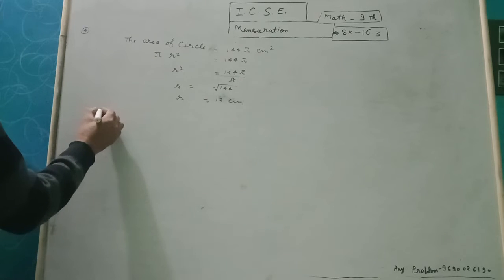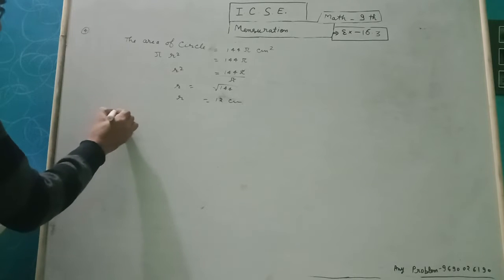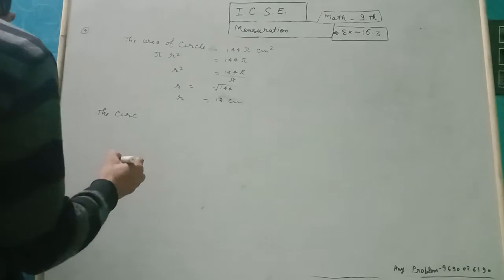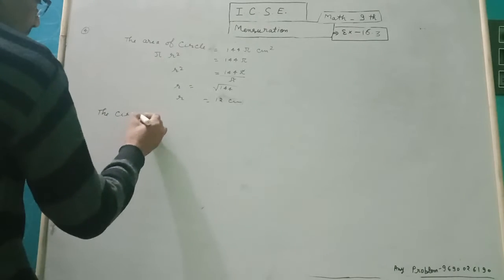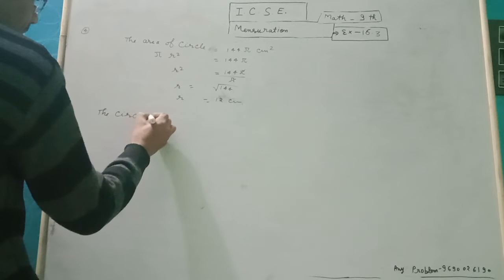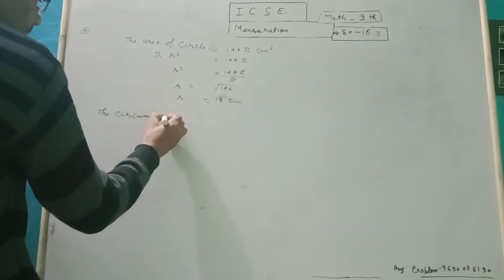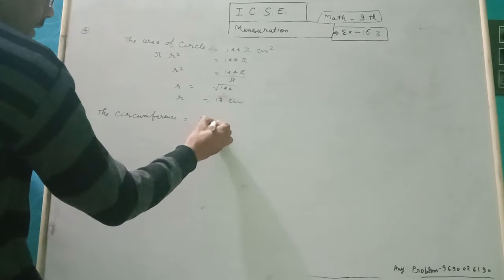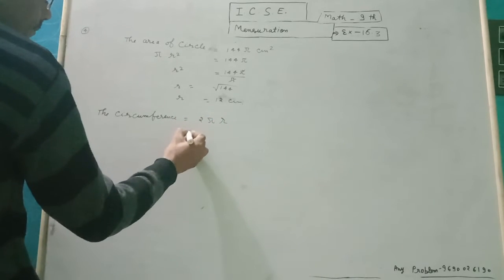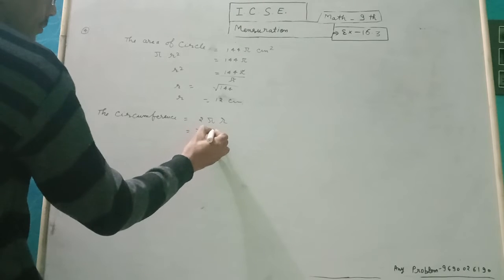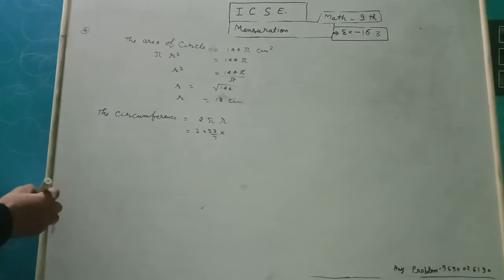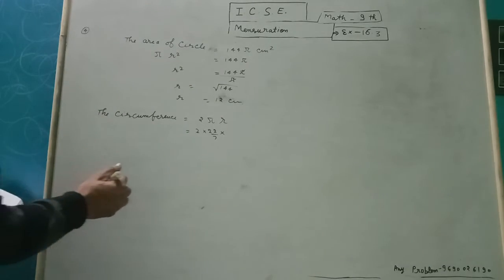Circumference or perimeter is equal to, formula is 2 pi r. Pi value is 22/7. r is equal to 12.